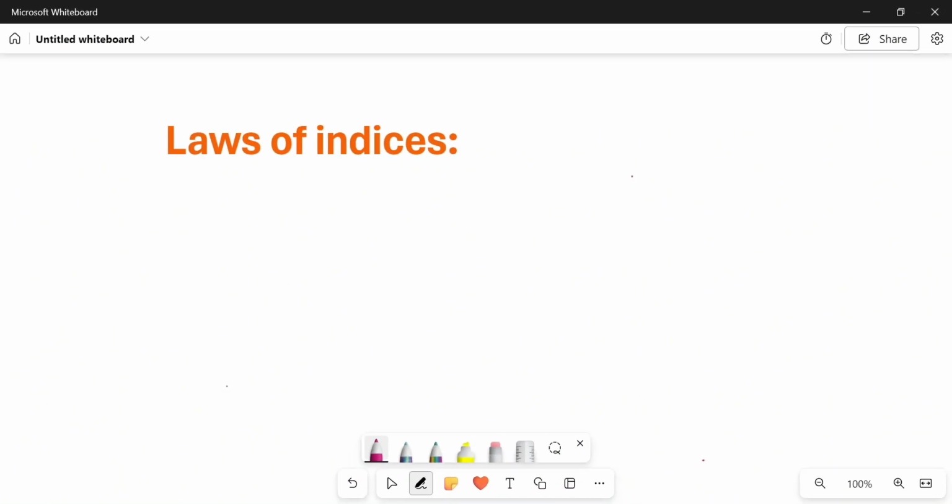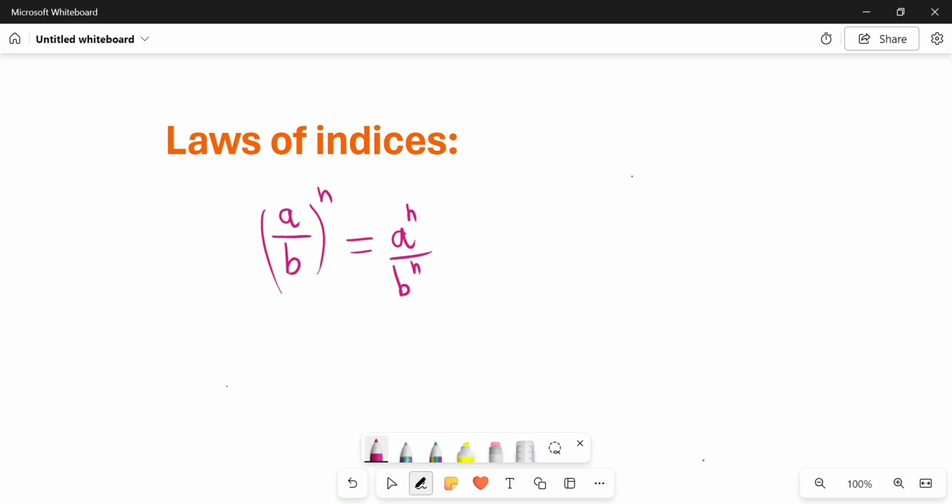Now, guys, let's take this law of indices. We have A divided by B raised to the power n. That's equal to A to the power of n divided by B to the power of n.